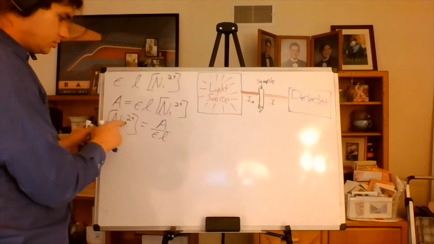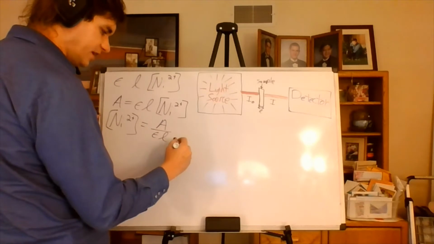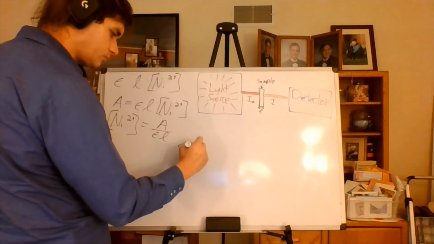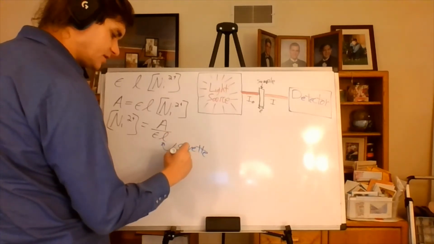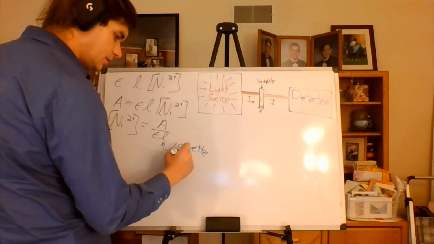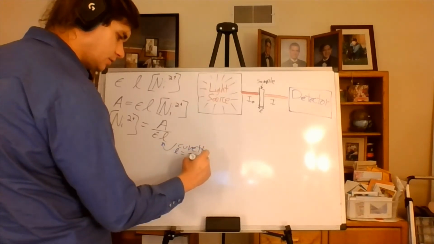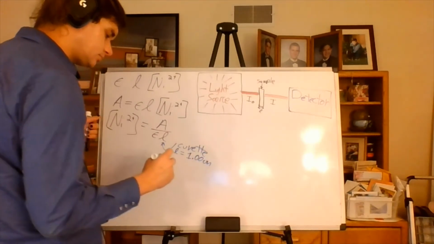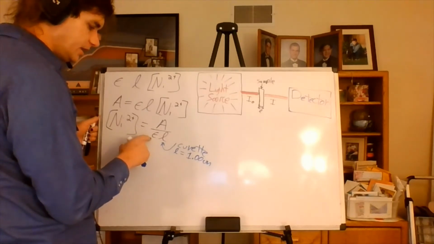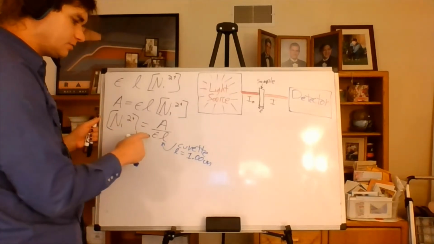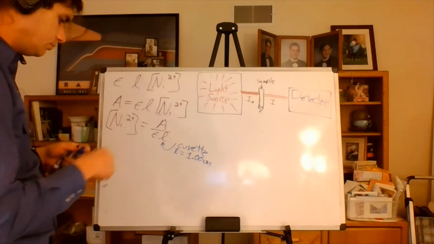So we know the path length, in our case we're using cuvettes. Cuvettes that always have a path length of 1 centimeter. The epsilon value we can figure out, and A is something we're going to measure directly.